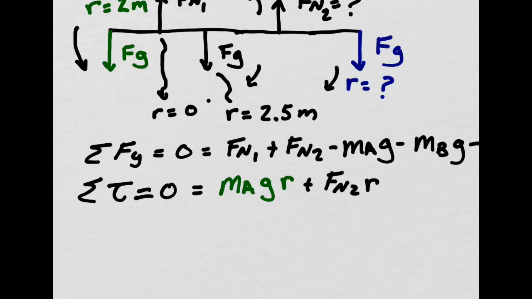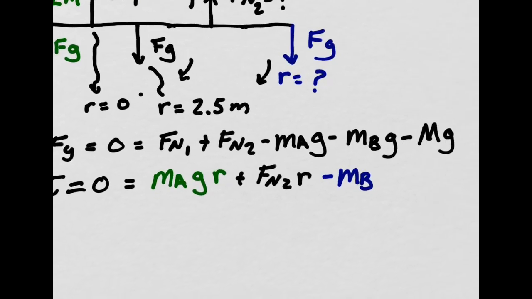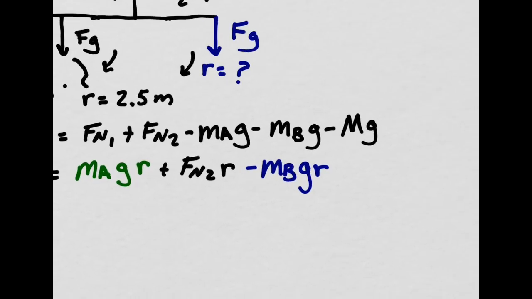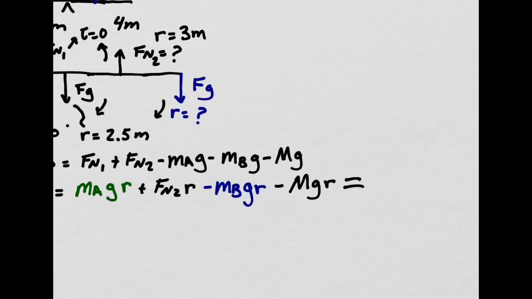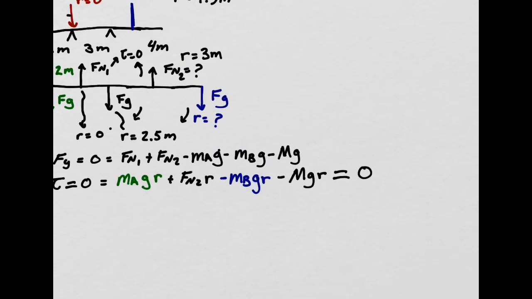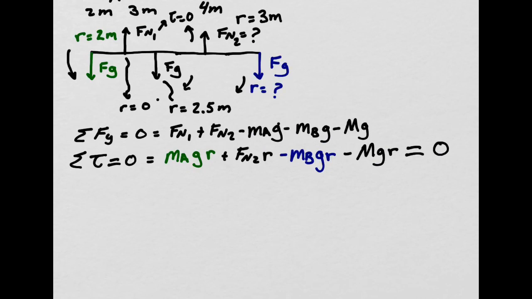Then we have our blue, minus Mb g times the blue R, which is our unknown. And then we also have minus capital M g times this R here, which is 2.5 for the center of mass of this. And this is all equal to 0 because it's not rotating. So we have 2 equations and 2 unknowns.